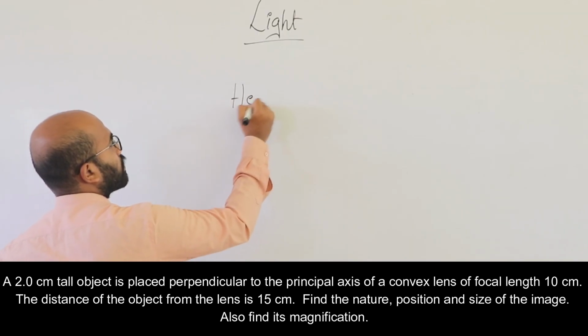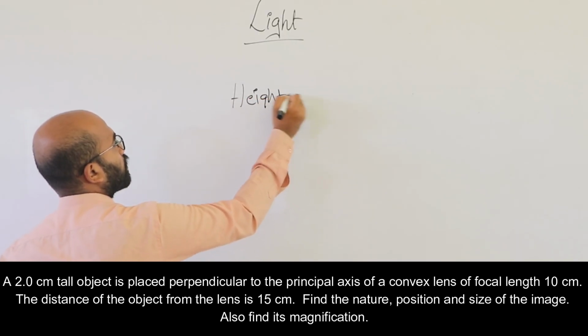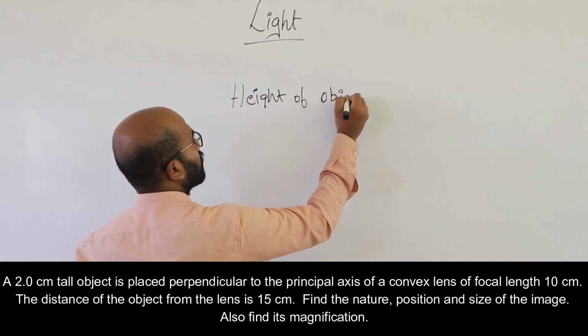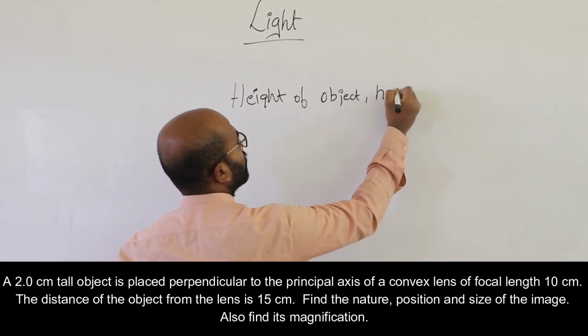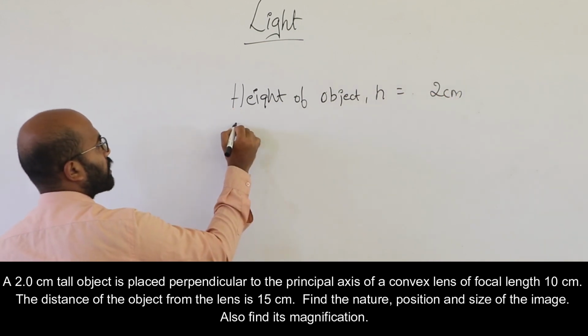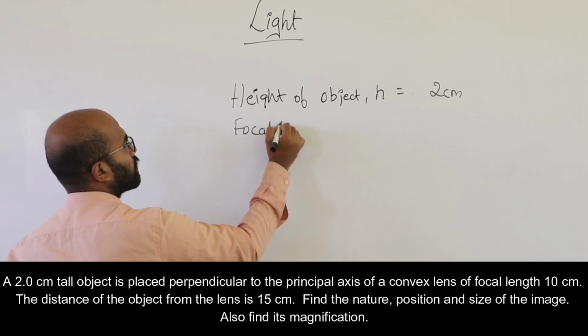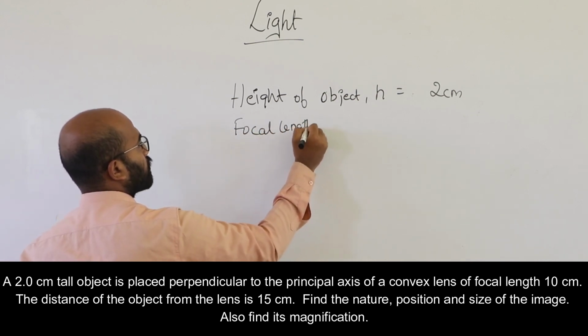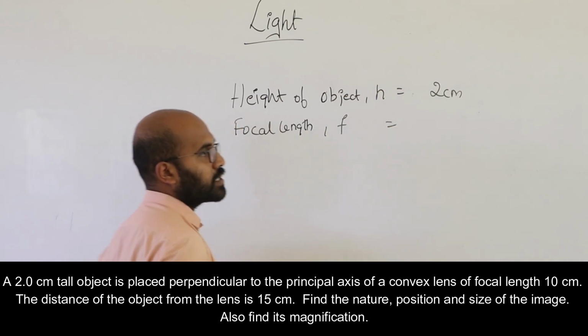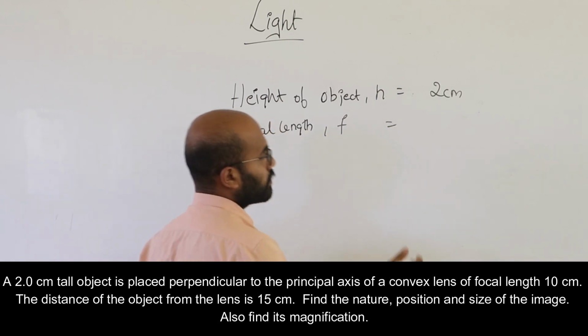So height of the object h, that is 2 cm. Focal length they have given as 10 cm.